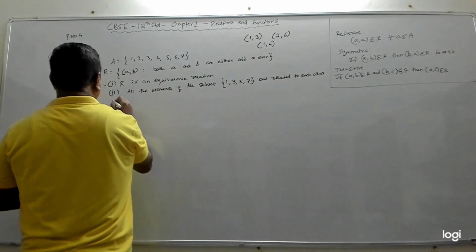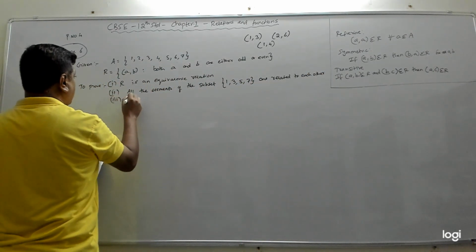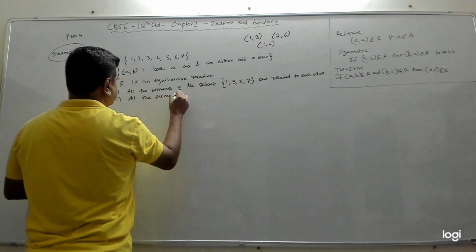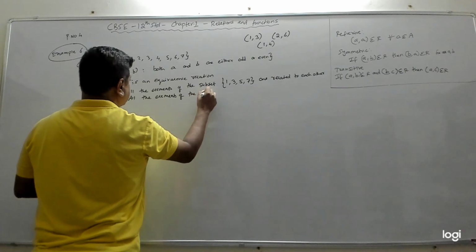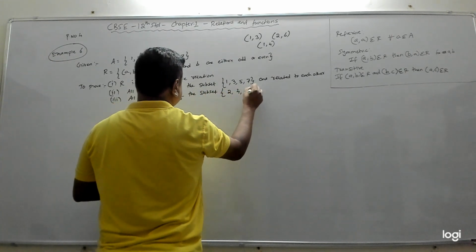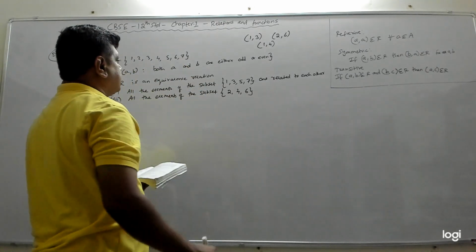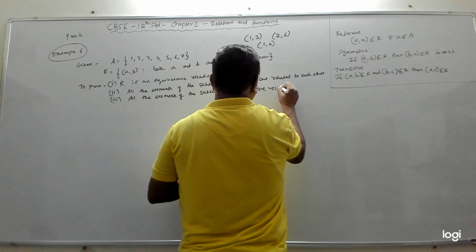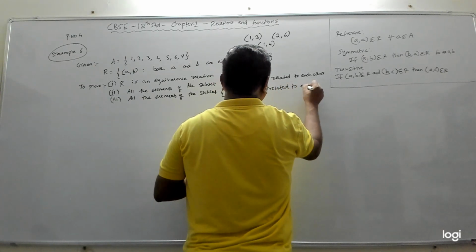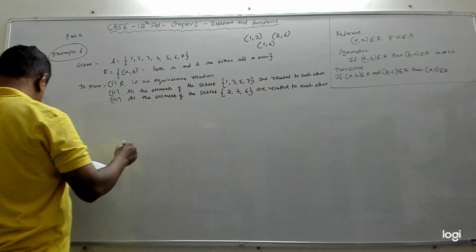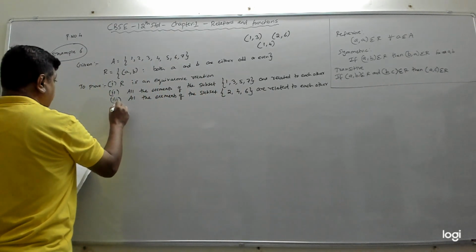And the third is, we should prove that all the elements of the subset which have only the even numbers 2, 4 and 6 from this are related to each other.